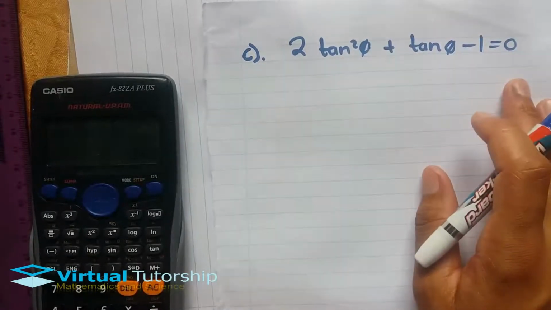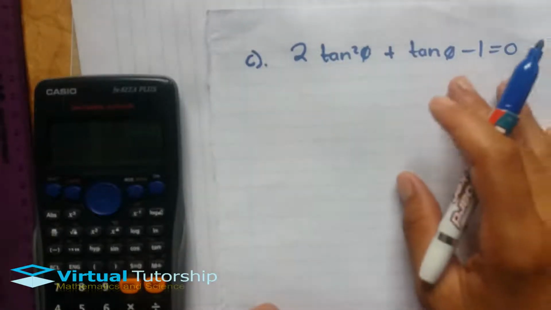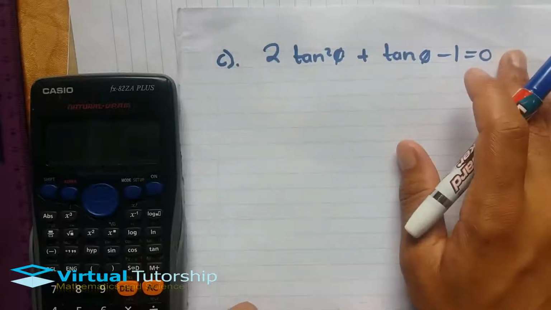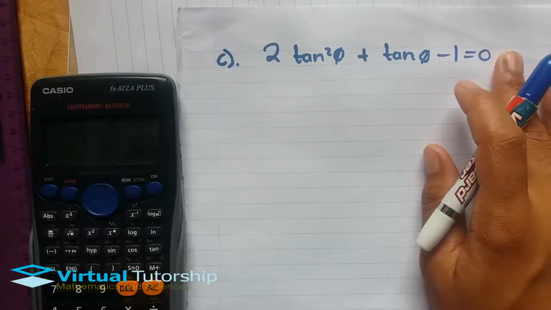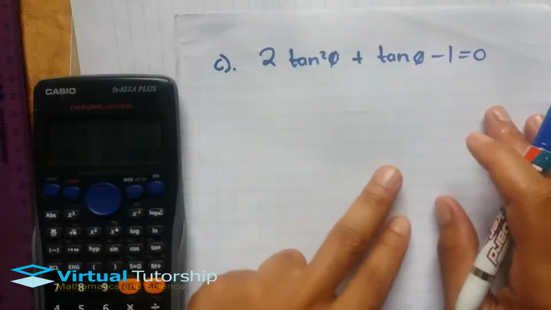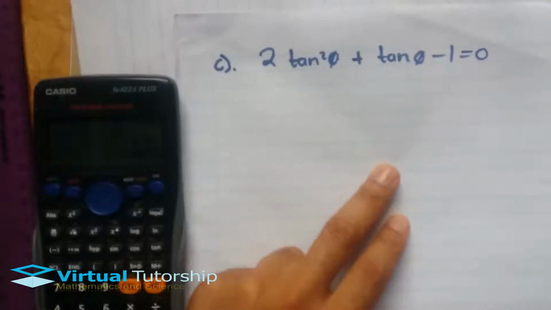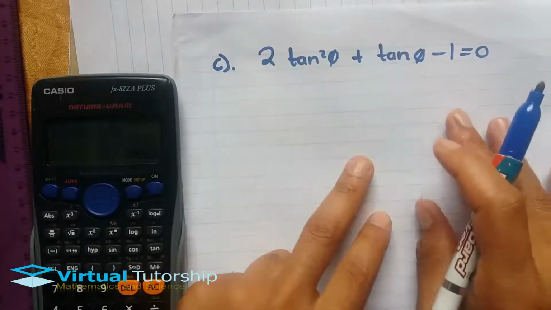Everything has been moved to one side, like in the previous example, where we solved the equation by moving everything to the left-hand side. So before you start solving trigonometric equations, always move everything to one side.